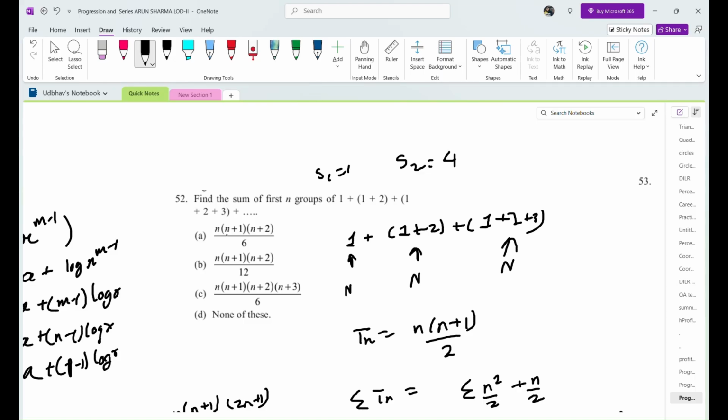So here if we put 1, 2, 3, 2 into 3, 6, we get 1. We don't get 1 here. 2, 3, 4, 2 into 3 into 4, 6 into 4.